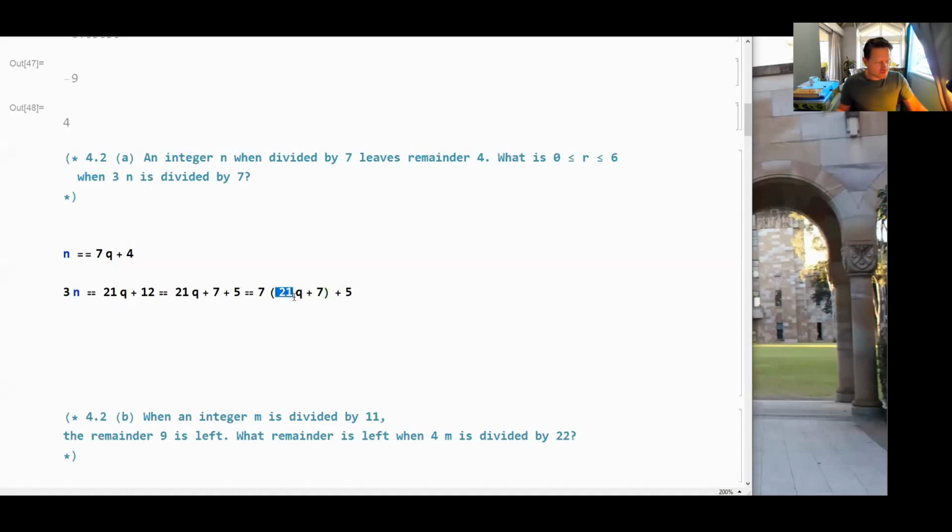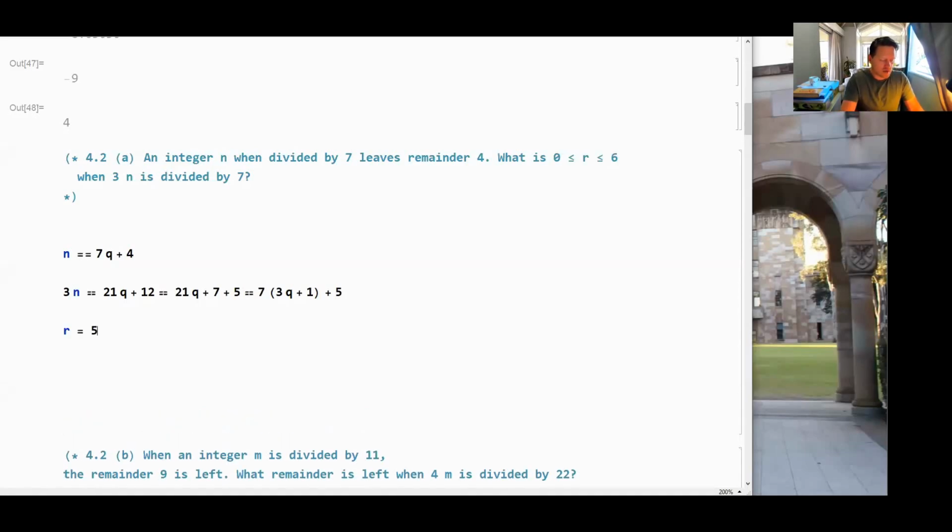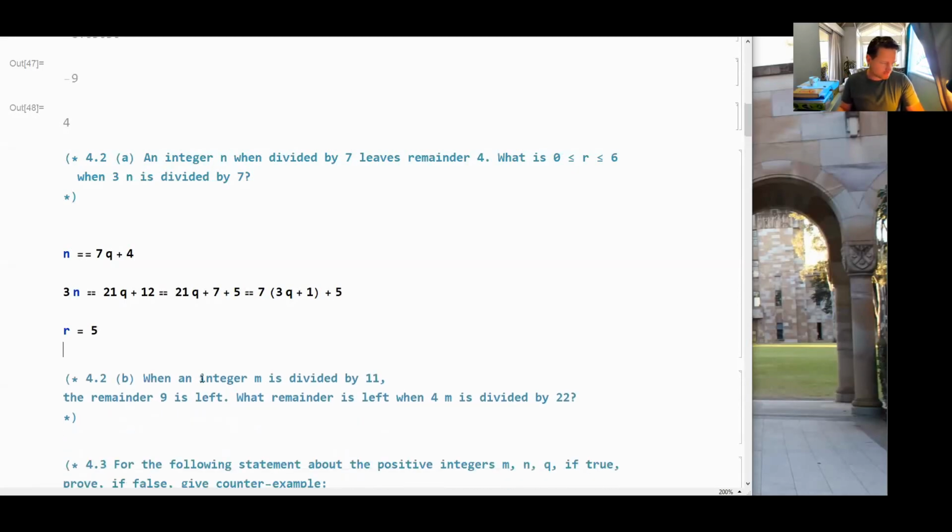What we have is 3q plus 1. Now I have something times 7 plus 5 is equal to 3n. So that tells us that the remainder is 5, and yes, that's between 0 and 6. So remainder is 5. Any questions? I think these are fairly easy so far. All good, great. Thanks, guys.